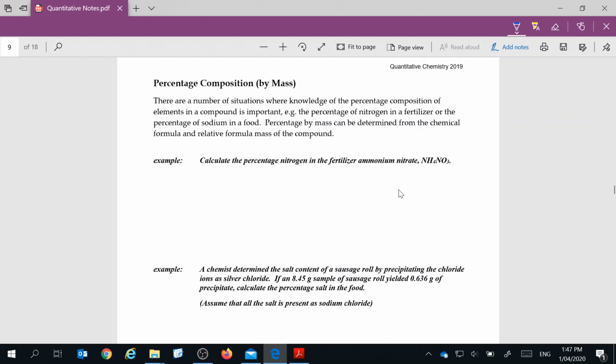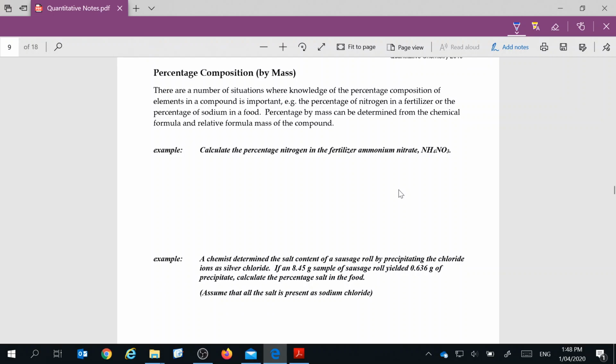Percent nitrogen in ammonium nitrate. Right, so communication is important. We write this as percent nitrogen in NH4NO3 equals the molar mass of the nitrogen, and there are 2 of them in there, divided by the molar mass of the whole substance, times 100 to make it a percentage.